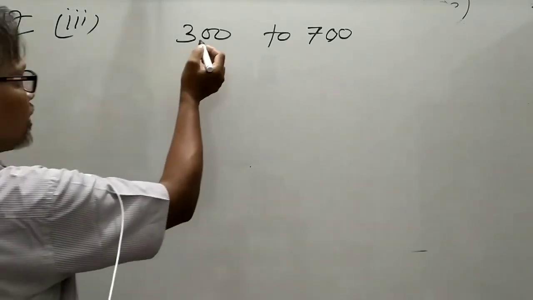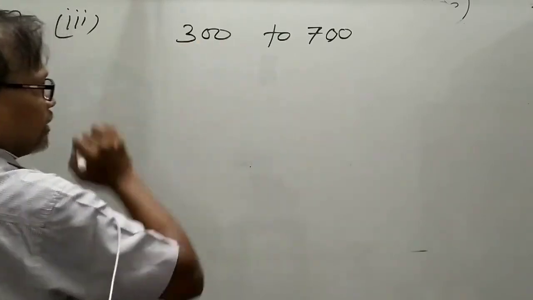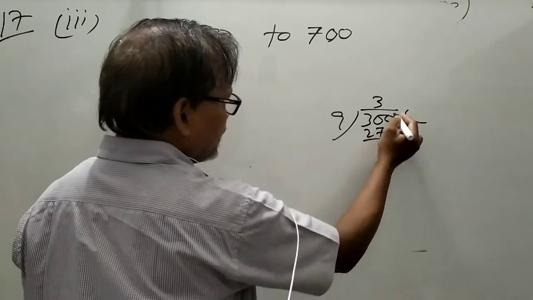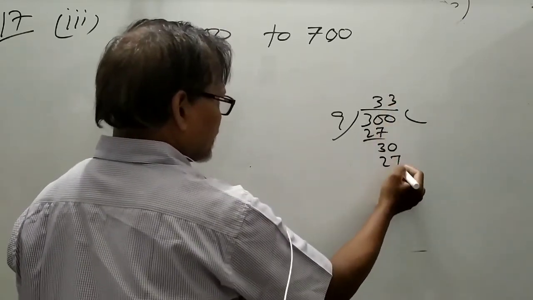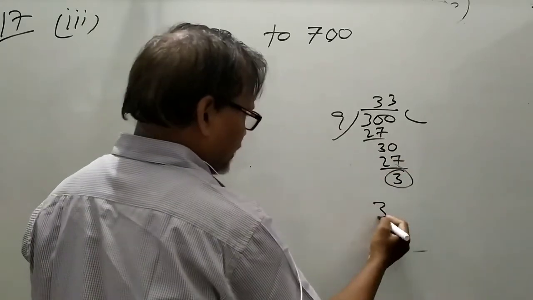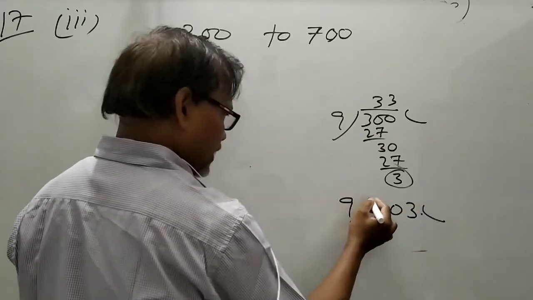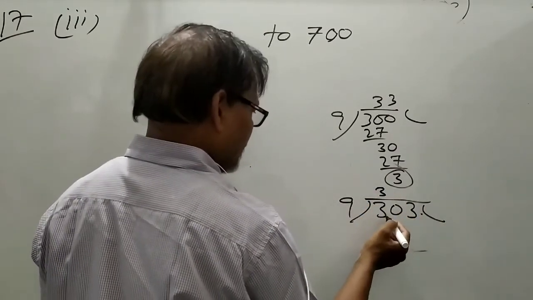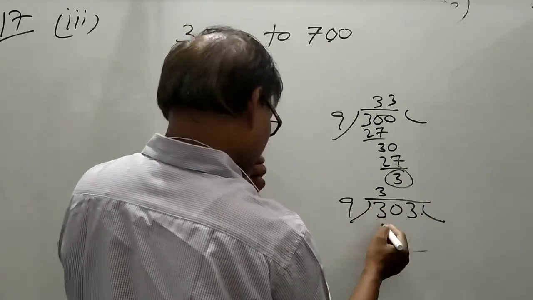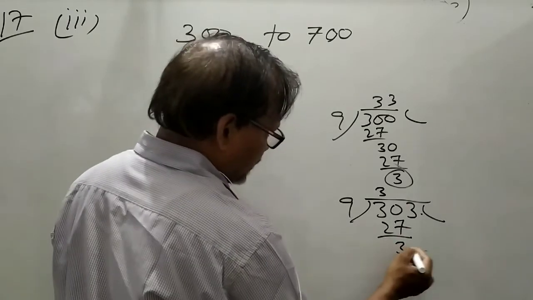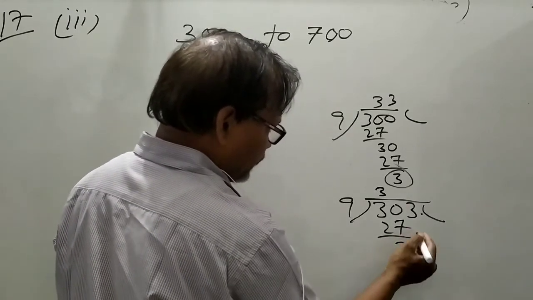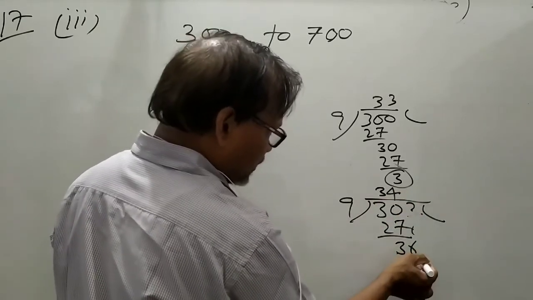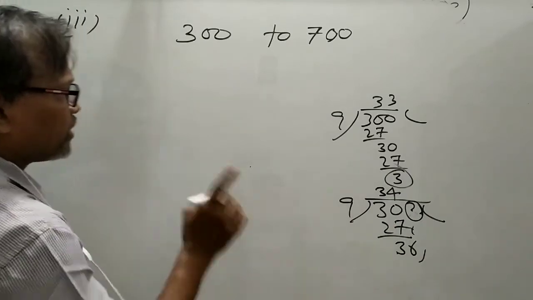So first of all you will find the multiple of 9, the first term just after 300. How will we find it? 300 divided by 9: 9 times 3 is 27, remainder 3. It means if you add 6 to it, you will get a multiple of 9, because 9 times 3 is 27 and this remainder is 3. If we put here 1, 2, 3, 4, 5, it won't work, but if we put 6, making 306, then it will be divisible by 9.